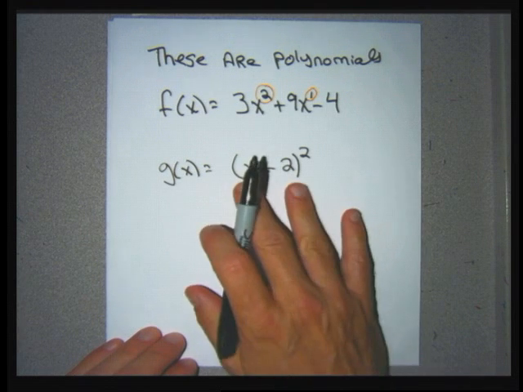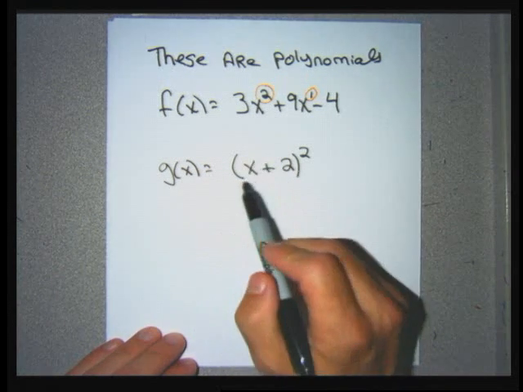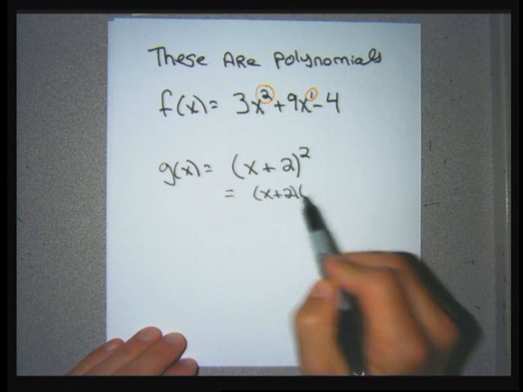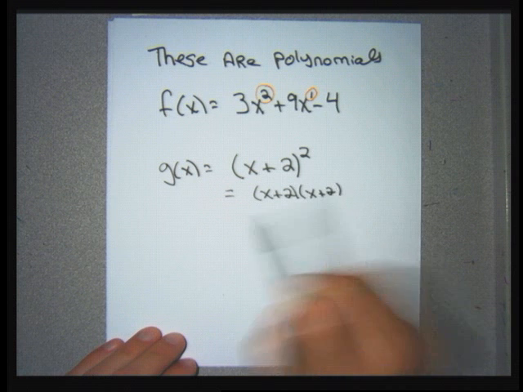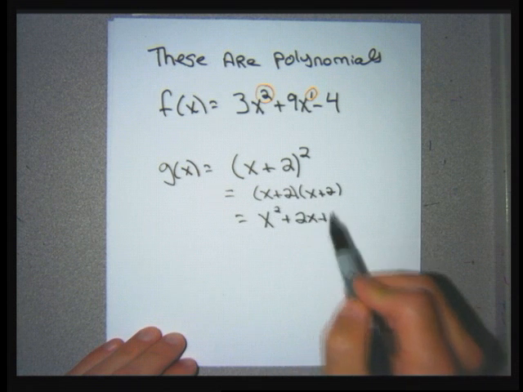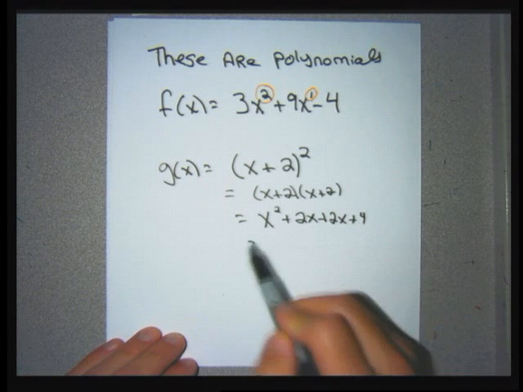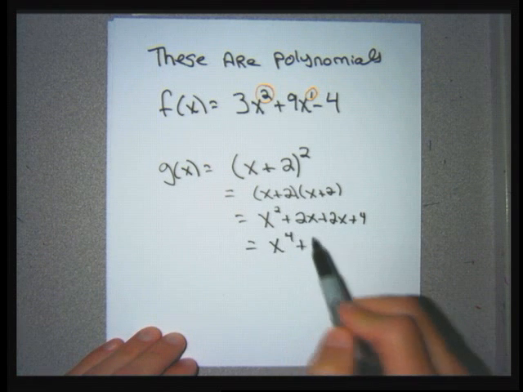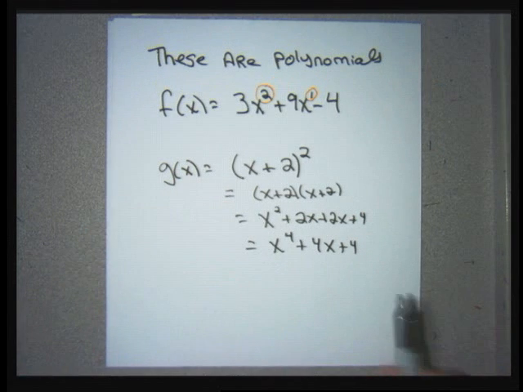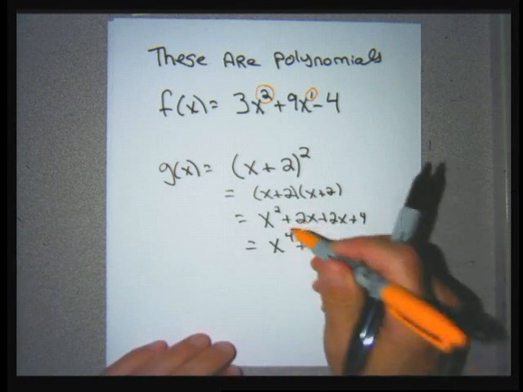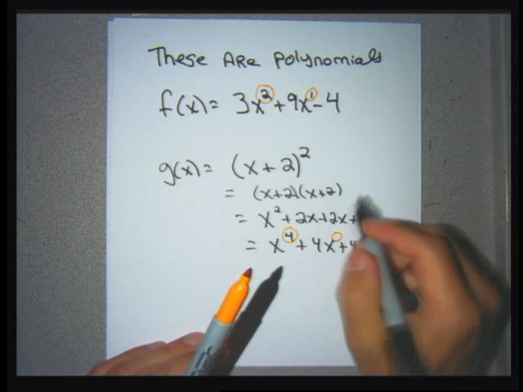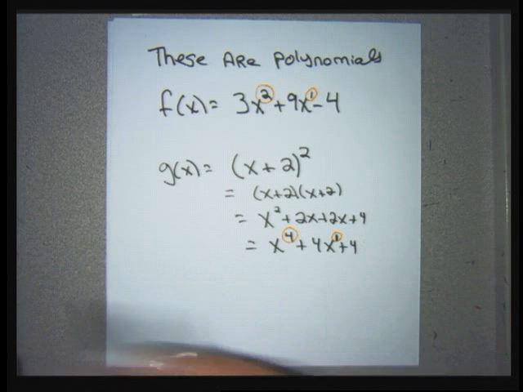It's a factored polynomial, but if I wanted to, I could expand this by foiling, and I'd get x squared plus 2x plus 2x plus 4, which is x squared plus 4x plus 4. So if I expand the parentheses, I get every term with a letter having a positive exponent.